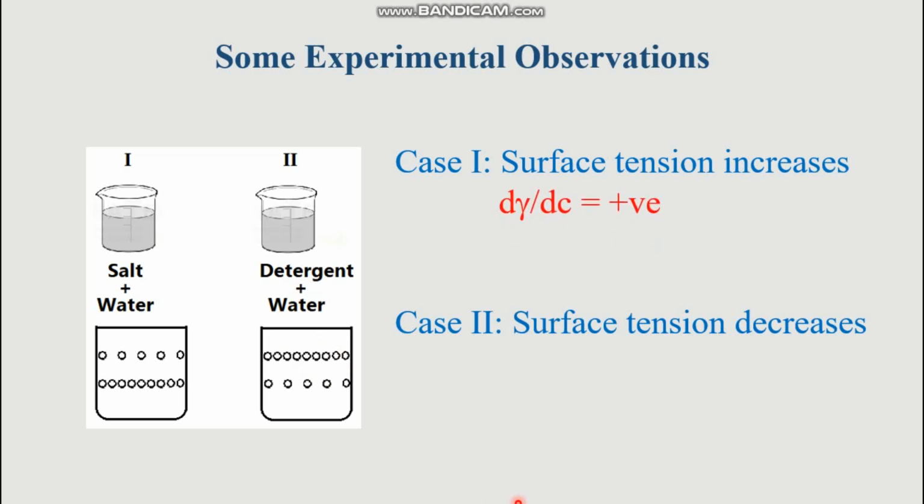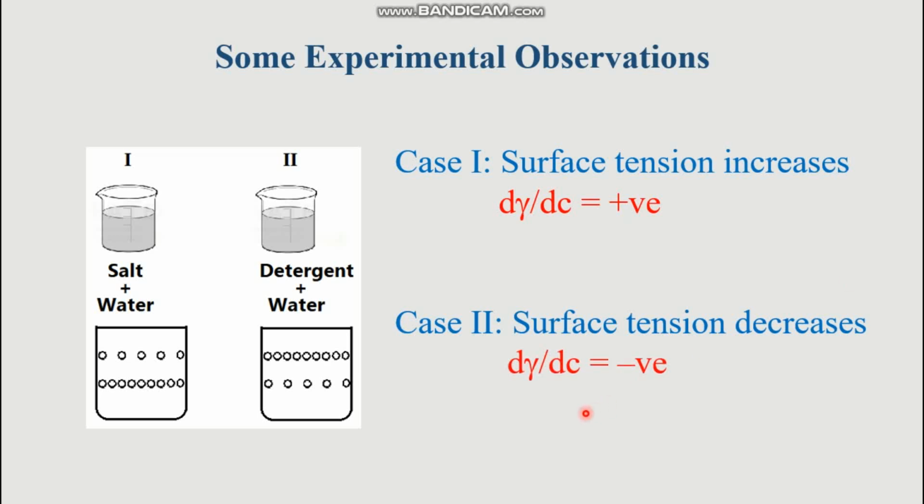In case of increase in surface tension with respect to concentration, that is the rate of change in surface tension gamma with respect to concentration C has a positive slope, that is this change is positive.